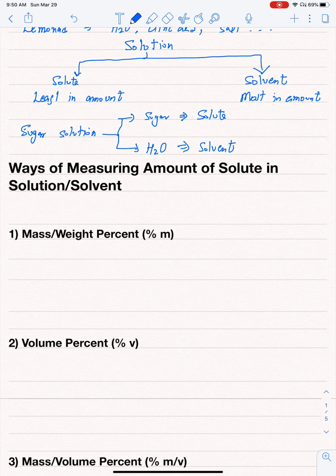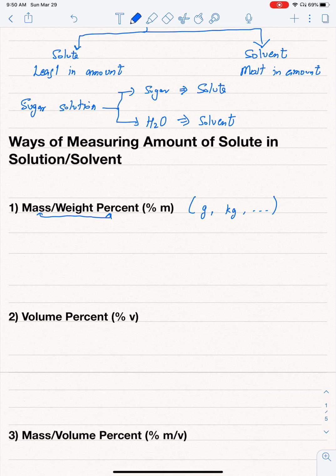In the case of mass percent, or the weight percent, you're going to be measuring the mass of the solute and the mass of the solution. The units could be grams or kilograms or anything, basically, as long as you keep both of those units the same. The definition of mass percent is the mass of the solute divided by the mass of the solution.